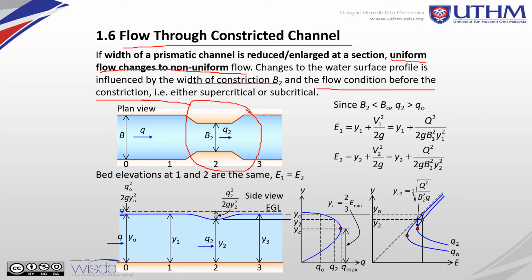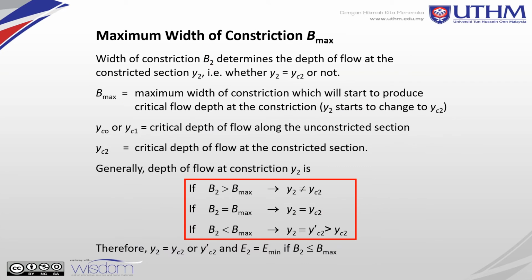Okay, this is a plan view and the bed elevation at 1, 2 and 3 are the same, so E1 is equal to E2. Okay, these are the equations for specific energy. And this is the figure here. Okay, same as the broad-crested weir, but with the constriction B maximum.